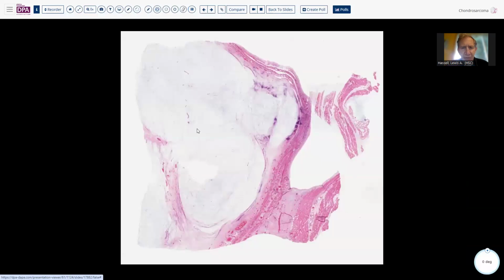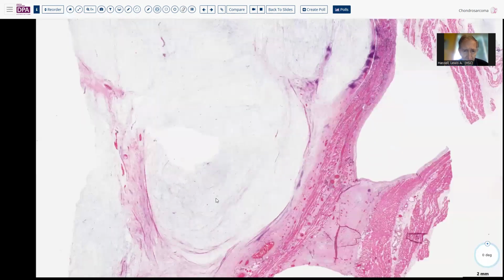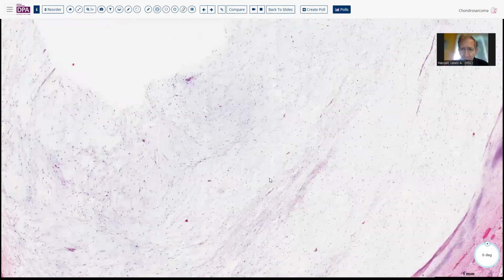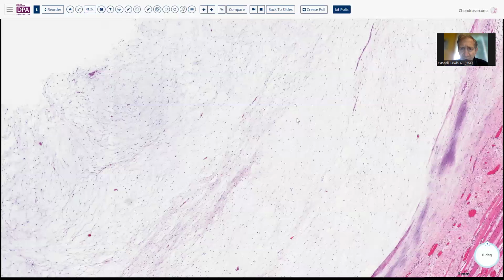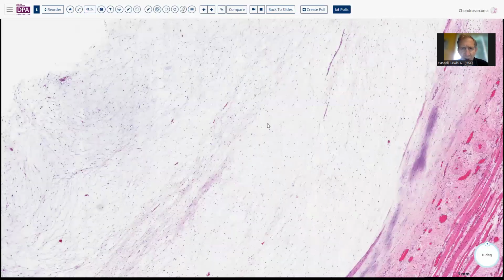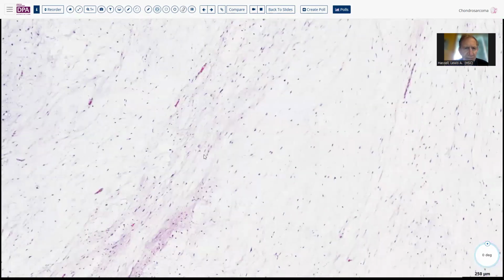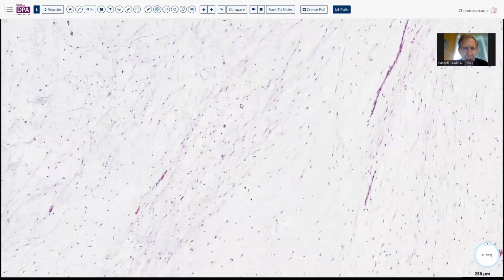So we've got the resection specimen, and here we are looking at it, and we see this lobulated appearance, little bands of fibrous tissue in between. And again, the very low cellularity, sparse vascularity, and none of the arcuate, arcading type of vessels that we associate with myxoid liposarcoma.